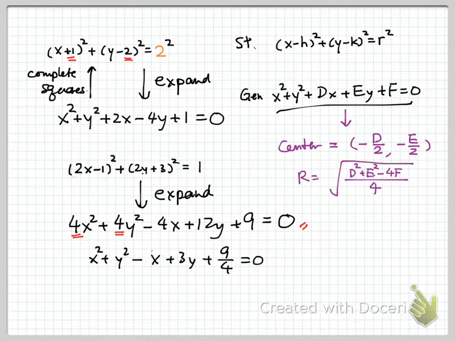That is the radius. If you can remember such a formula, then you can skip the completing square. So you can have it one way or another. Now there will be an assignment asking you to do the conversion between the general form and the standard form. So this is the end of this video.